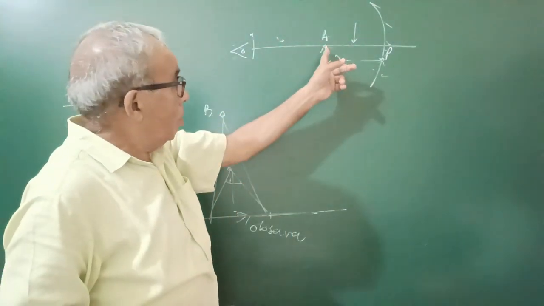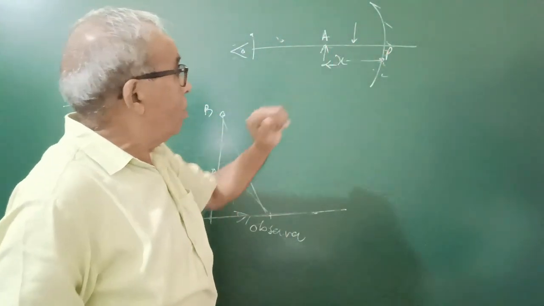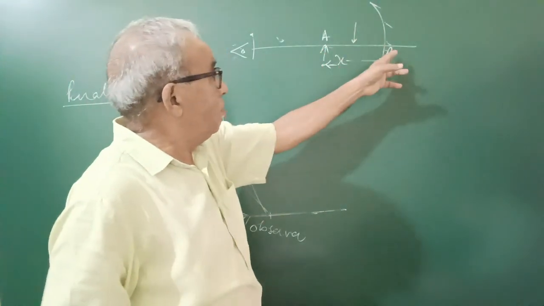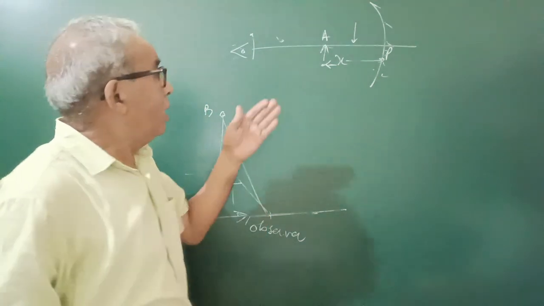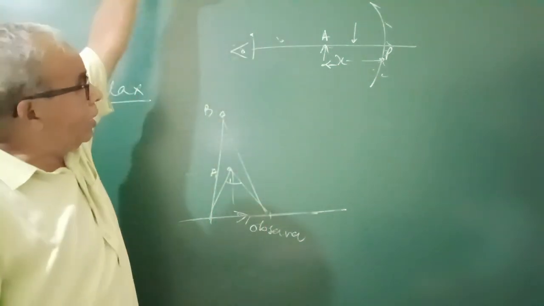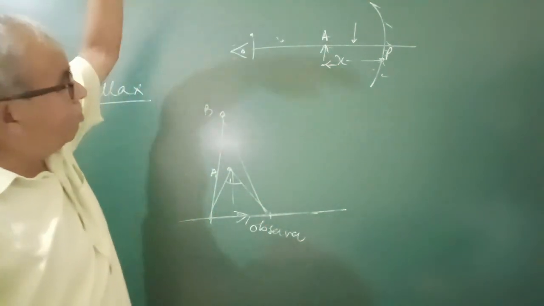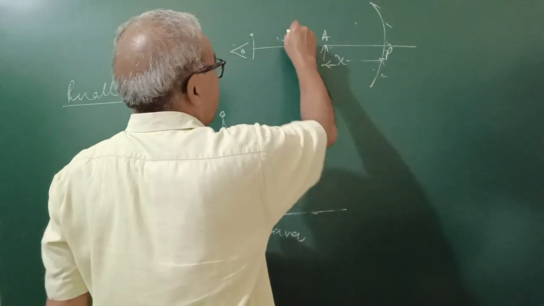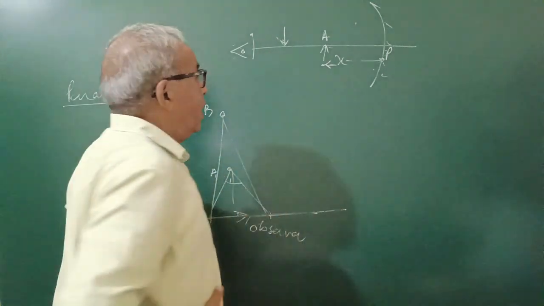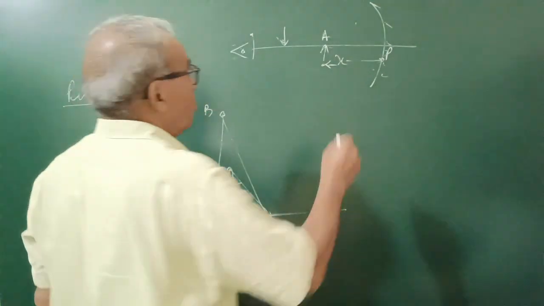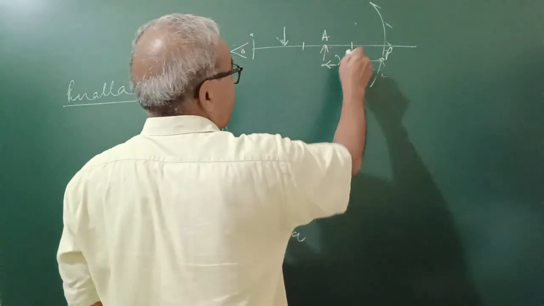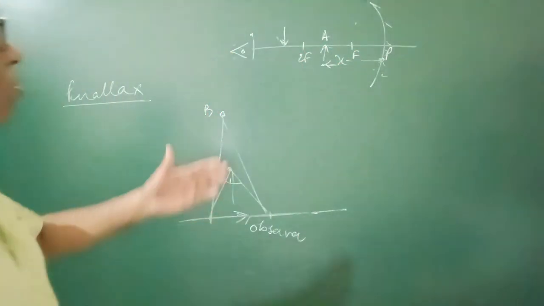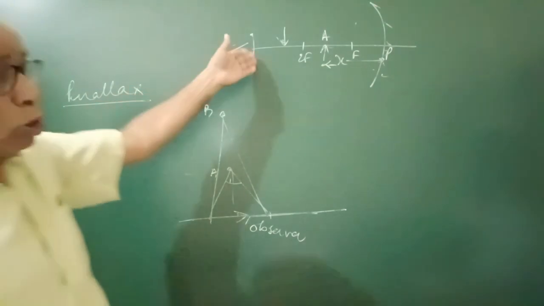तो अगर ये image between pole P and A होगा, if this image is between P and A, then it will move along with the eye towards the left. So it is possible if the image is closer to the eye, and it is only possible if the object is placed between F and 2F, then the image will be beyond 2F and closer to the eye.